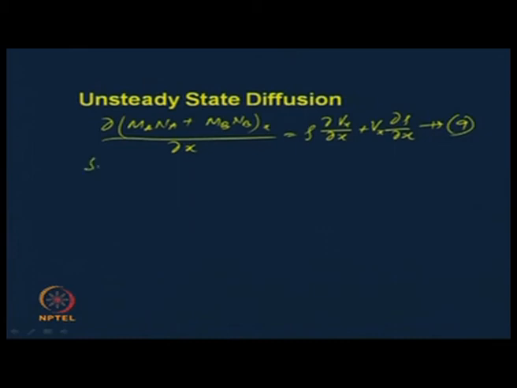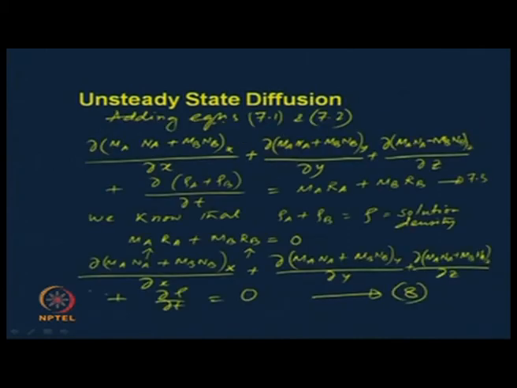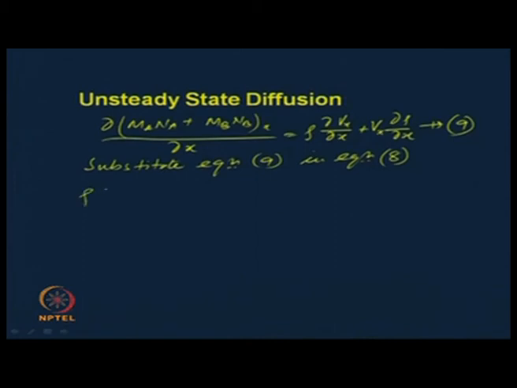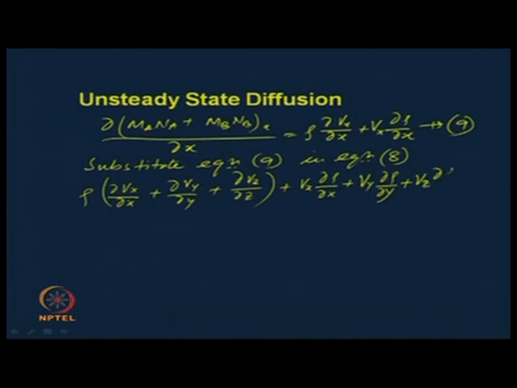Now, if we substitute equation 9 in equation 8, we get rho times (del V_x del x plus del V_y del y plus del V_z del z) plus V_x del rho del x plus V_y del rho del y plus V_z del rho del z plus del rho del t is equal to 0.